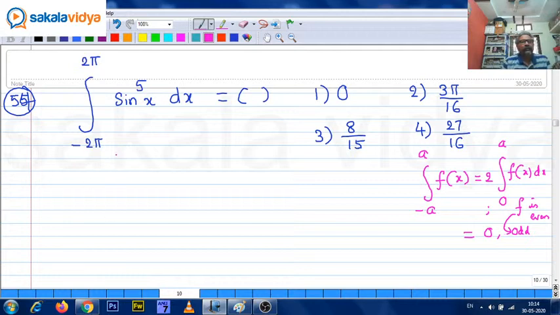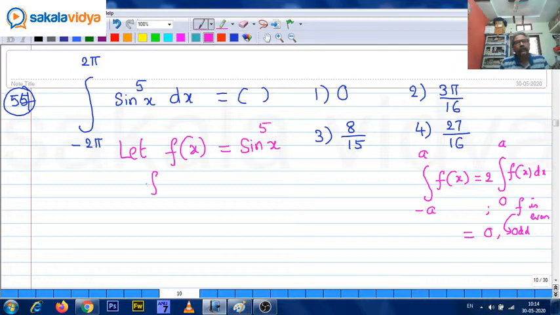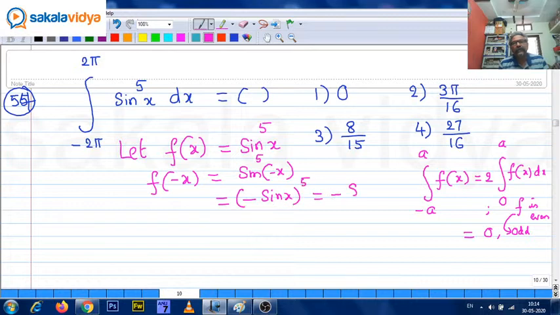Let us say f of x equals sin x to the power of 5. Put minus x for x to check whether it is an even or odd function. Sin of minus x whole to the power of 5 is minus sin x whole to the power of 5. Since 5 is odd, you get minus sin x to the power of 5, which equals minus f of x.